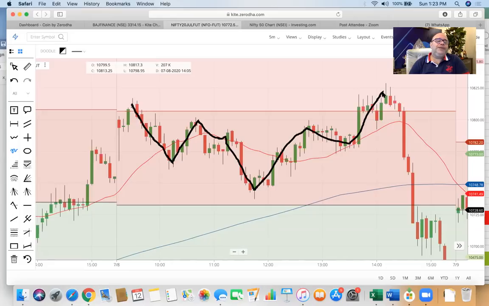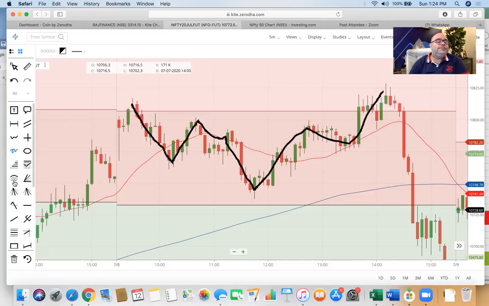Now some of you may say, why didn't I take it from here? Because this rally took out the low of this bar. So this was the larger rally. This is the correction, and again it follows through. So the broad idea is that you can have patterns within patterns.